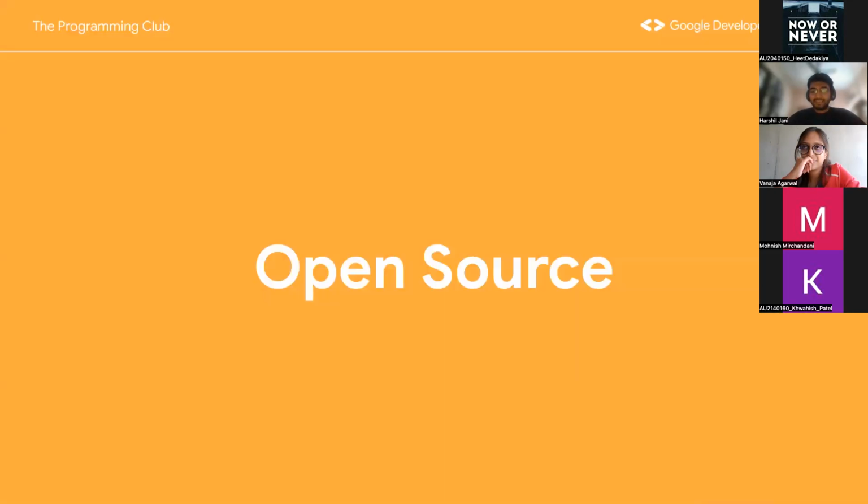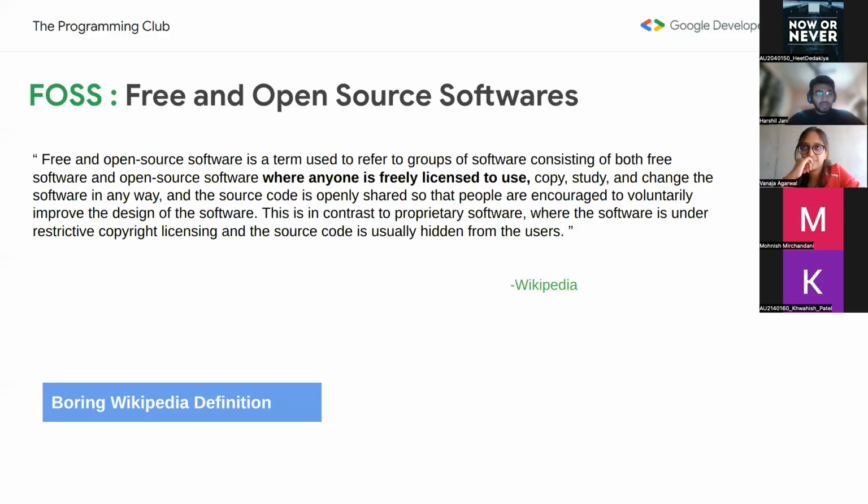So let's get started with what is open source in general, because GSoC is all about open source. This is a boring definition from Wikipedia, which I don't feel like reading, but the main part of this is free and open source software. There is this term FOSS you might have heard here and there many times.